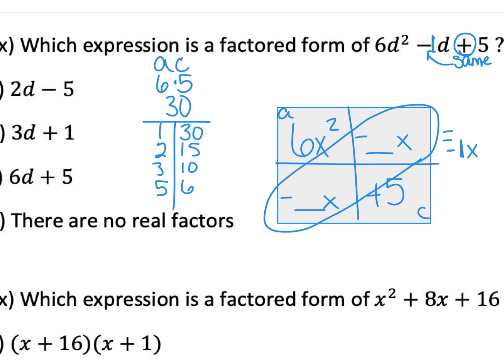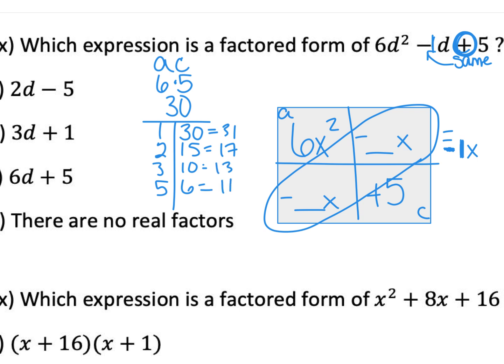And now we're looking for, remember, C is positive, so we got to add. Can we add any of these numbers to get a negative 1? Is that possible? No, this is 31, this is 17, this is 13, this is 11.